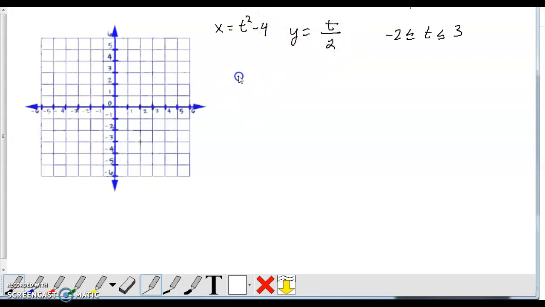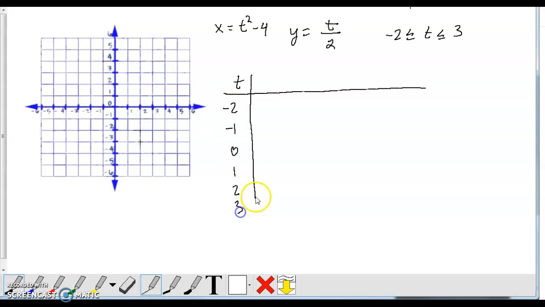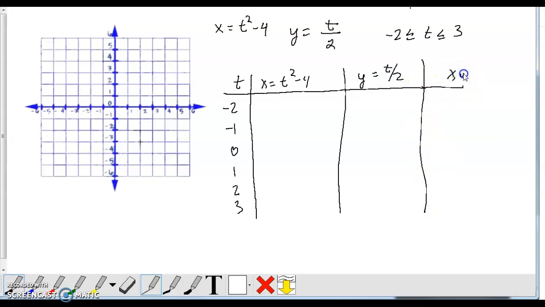So I'm going to set up a chart because you can't go wrong. Again, if you want to pause the video and try these on your own, I highly recommend it. So -2, -1, 0, 1, 2, and 3. -2 to 3 is usually a really good range for our numbers. And then y is equal to t over 2, and then x comma y.